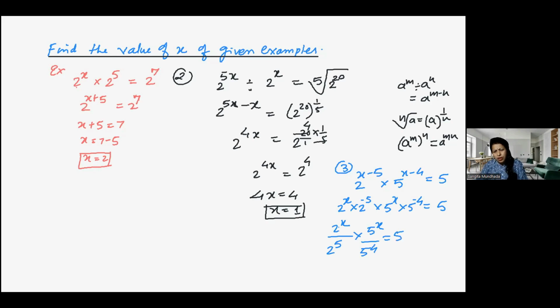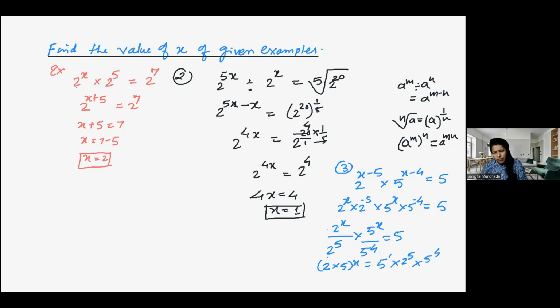So now here power is same, base is different. So I can write 2 into 5 raised to power x is equal to 5 raised to 1 into 2 raised to 5 into 5 raised to 4.